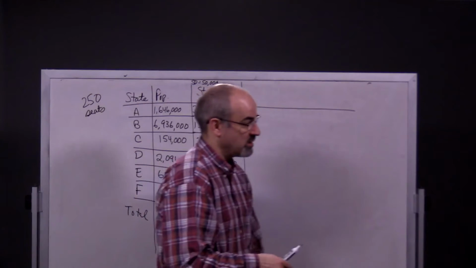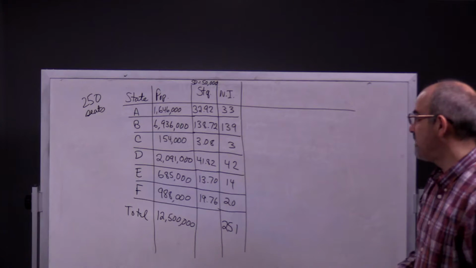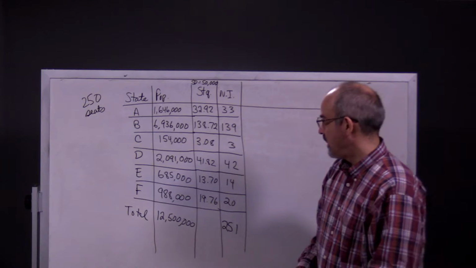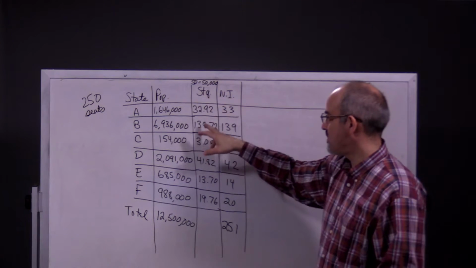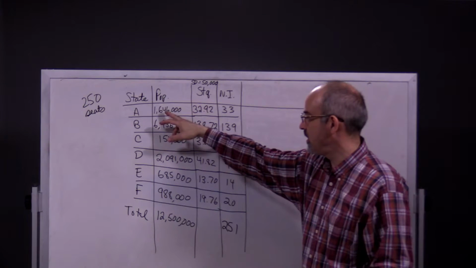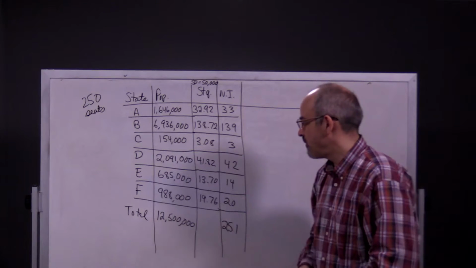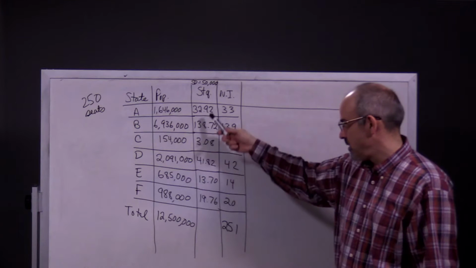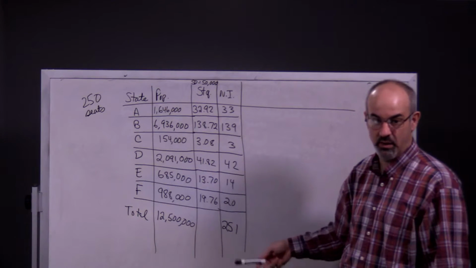So since using the standard divisor of 50,000 gives you more seats, and remember, the standard divisor being 50,000 means you're dividing this number by 50,000, this number by 50,000, that number by 50,000. We want these numbers to be smaller because this number here has to be smaller.